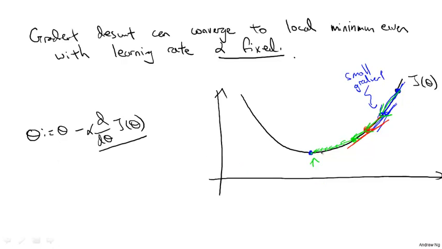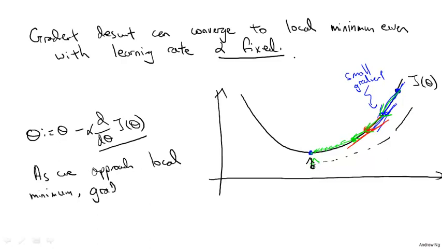So the algorithm will automatically start taking large steps, slow down, and slowly converge to this local minimum over there. And just to write that down: as we approach a local minimum, gradient descent will automatically take smaller steps.